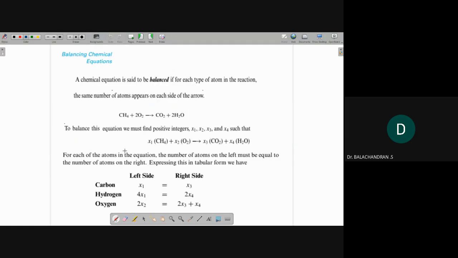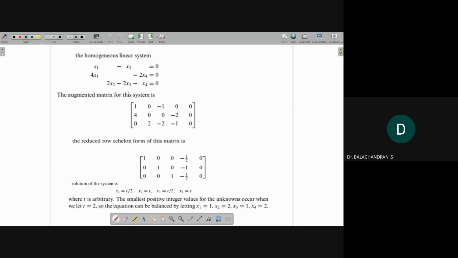Next, here again I'll give some worked examples as well as exercise problems for practice and for assignment. This is the first problem in the assignment: balance this equation. The solution is here, but don't look at the solution, just try.